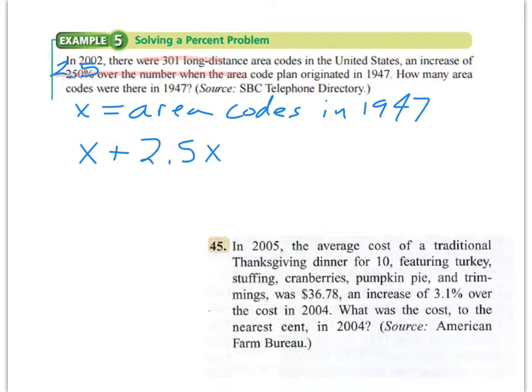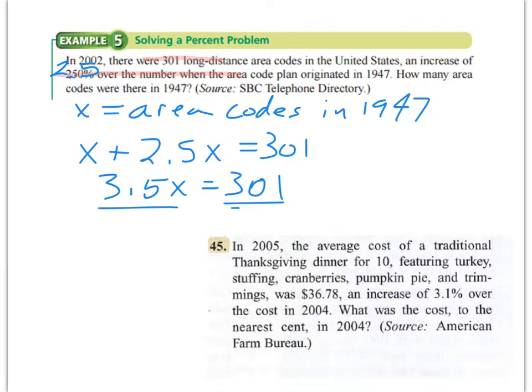So x plus 2.5x would equal the amount of long distance area codes in 2002, which was 301. So really we put those together, we get 3.5x equals 301, and we would divide both sides of that equation by the 3.5, and we get 86.